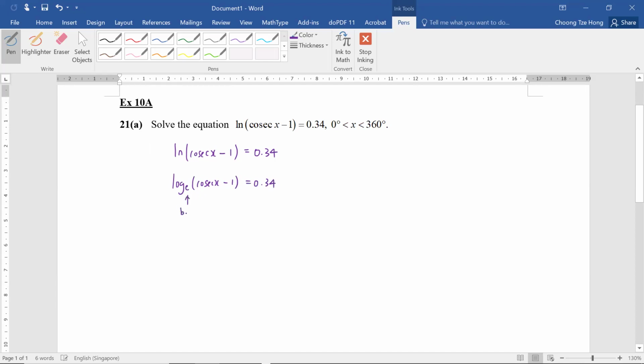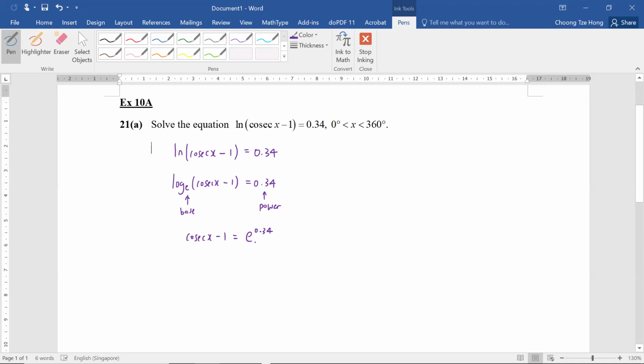In this case, e is the base, and in the logarithmic form the power or index is on one side by itself. So cosecant x minus 1 will be the base e to the power of 0.34. When you convert to exponential form, e is still the base, and the power now becomes the index of the base. The equation has now been transformed to this.